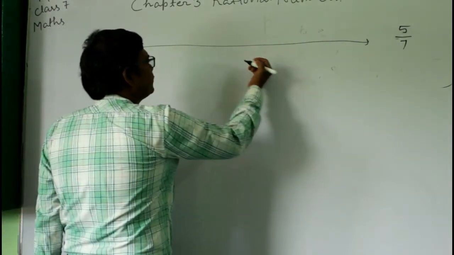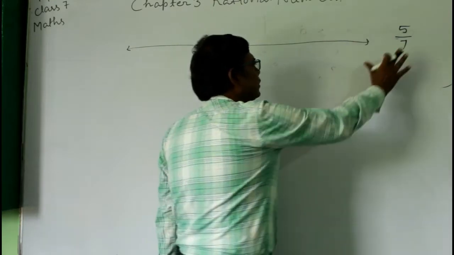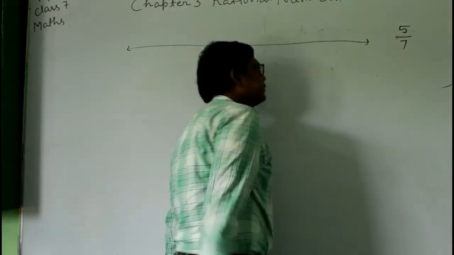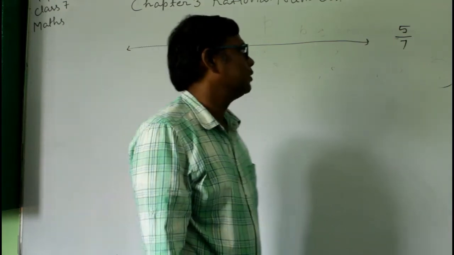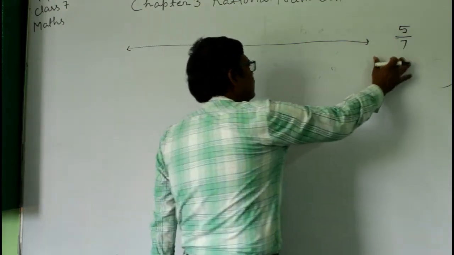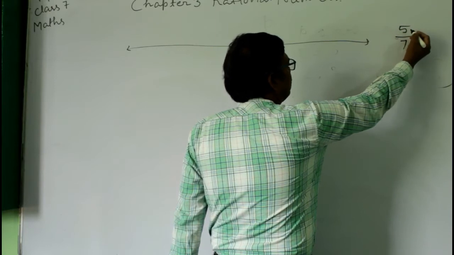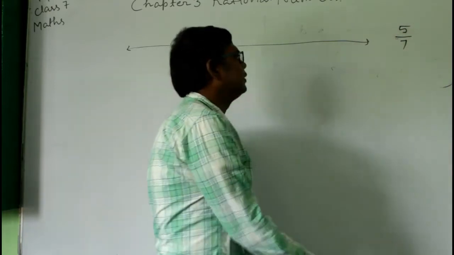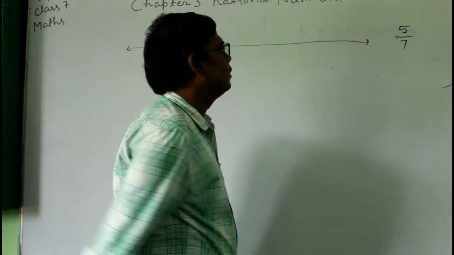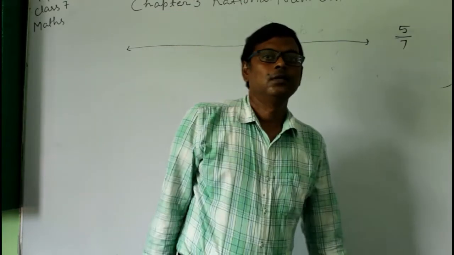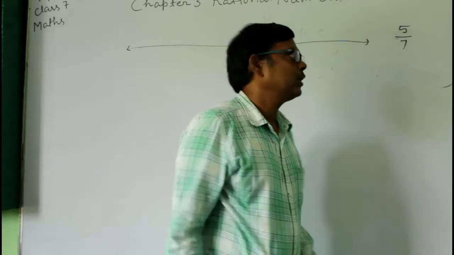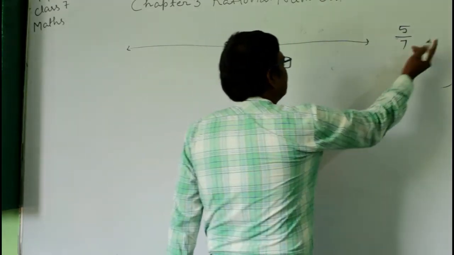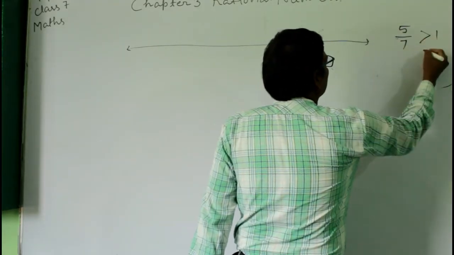So first see the number. In this number, first see that it is a proper fraction, where the numerator is 5 and the denominator is 7. So first decide whether this number is more than 1 or less than 1. Is it more than 1 or less than 1?